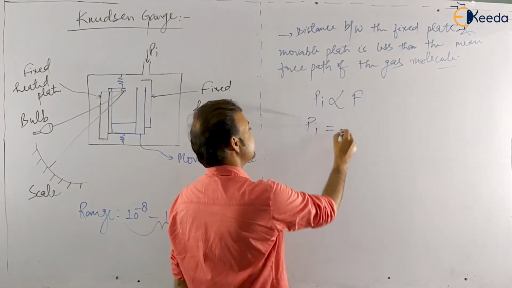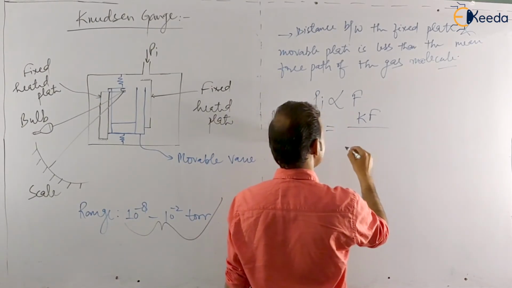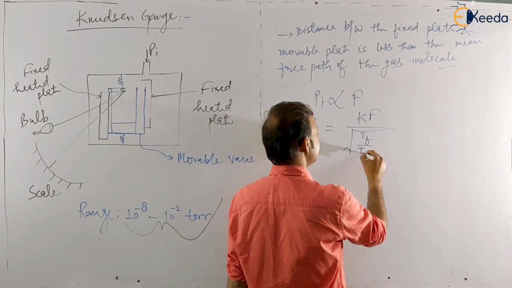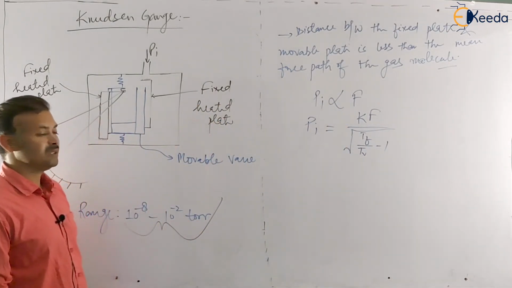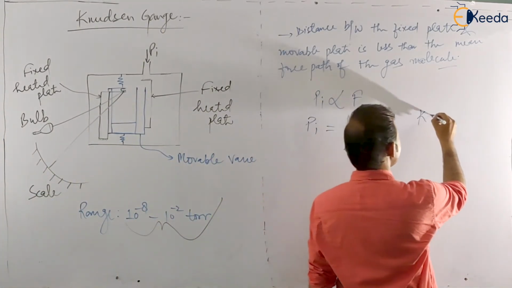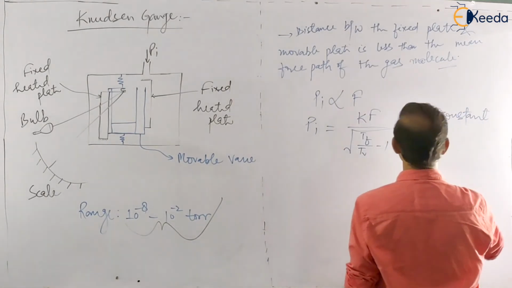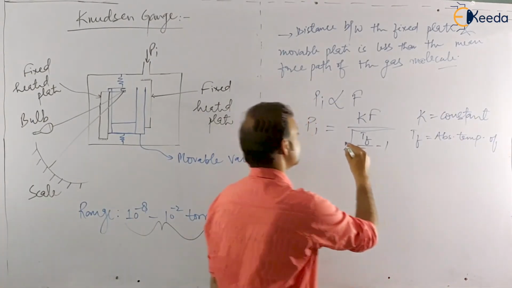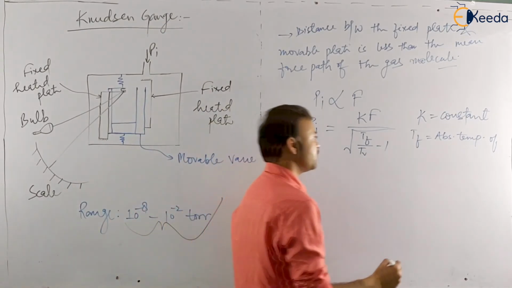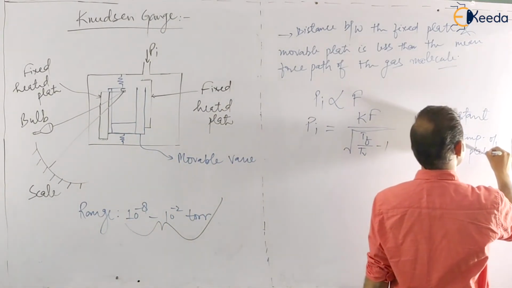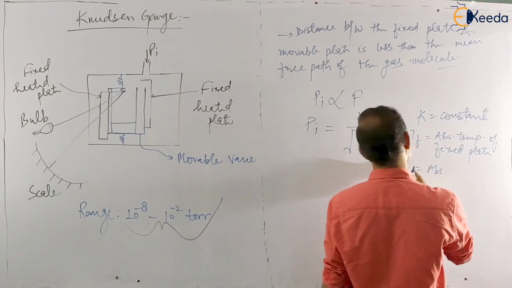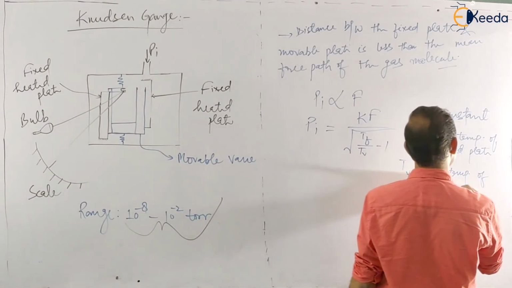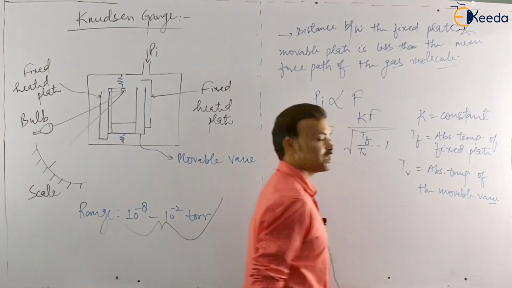So Pi = Kf / (√(Tf/Tv) − 1), where K is a constant, Tf is the absolute temperature of the fixed plate, and Tv is the absolute temperature of the movable vane or plate.